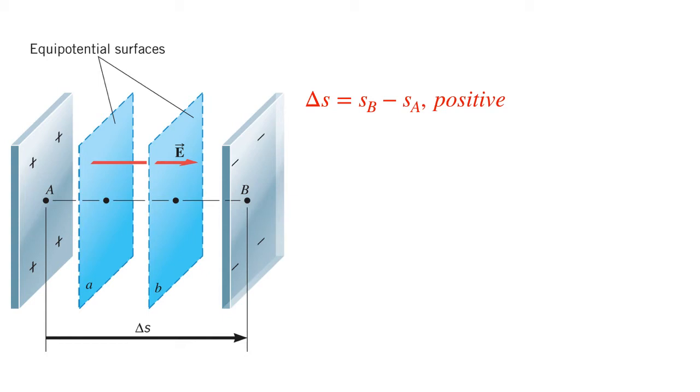So it could be 0.12 meters minus 0.113, and then your delta S is the difference of those two. And it's going to be positive. Now, I want you to think about this. Delta V, VB minus VA, is negative. In other words, it's less than 0.